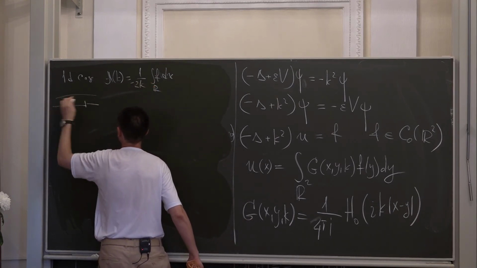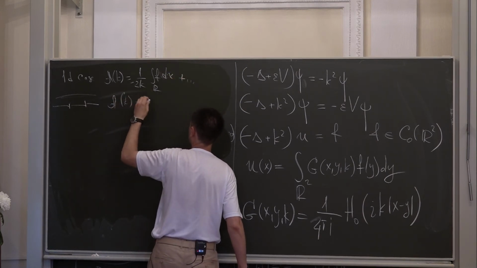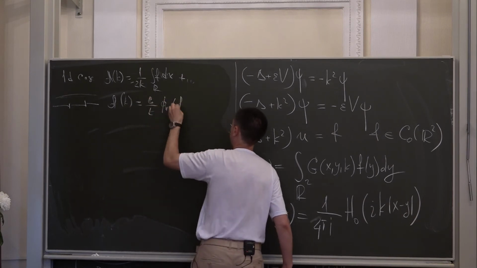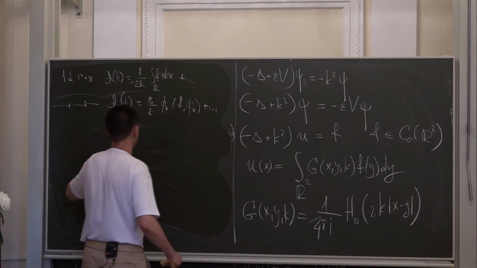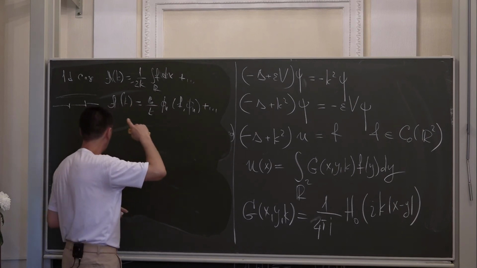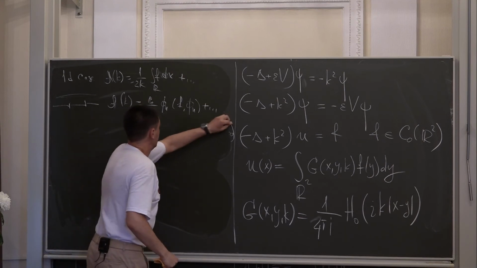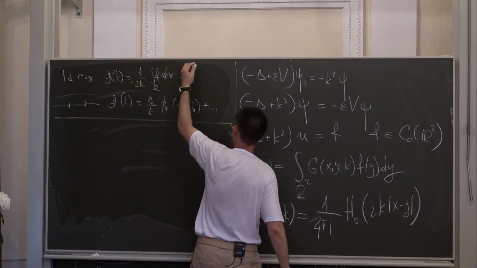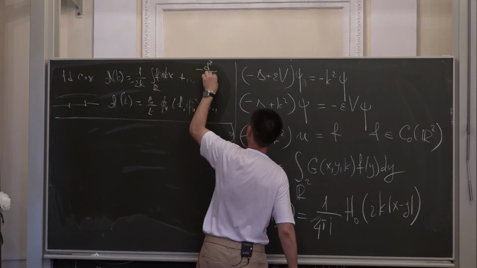And for this strip, a similar term was like 1 over k, some constant, phi n, f, phi n, etc., where phi n was a non-zero solution associated with the virtual level, right? And here 1, as I said, was also a solution associated with the virtual level because d over dx2 of 1 is 0.